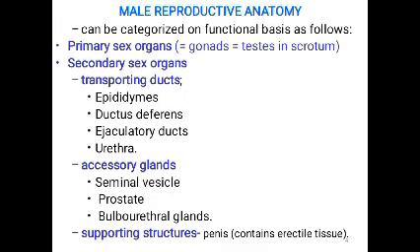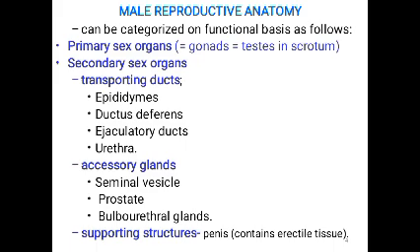Male reproductive anatomy can be categorized on a functional basis as follows. Primary sex organs: gonads, testes in scrotum. Secondary sex organs: transporting ducts, epididymis, ductus deferens, ejaculatory ducts, urethra.